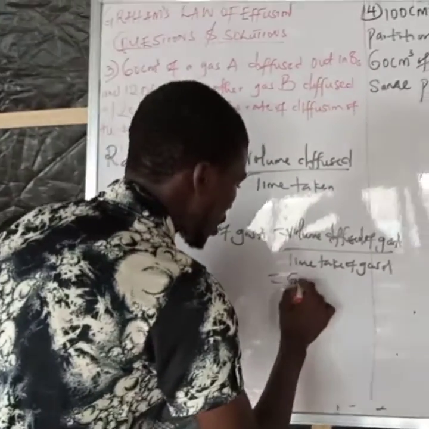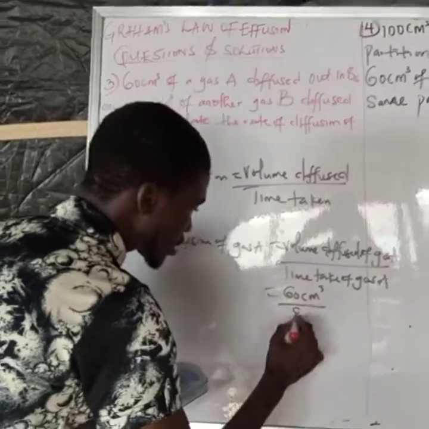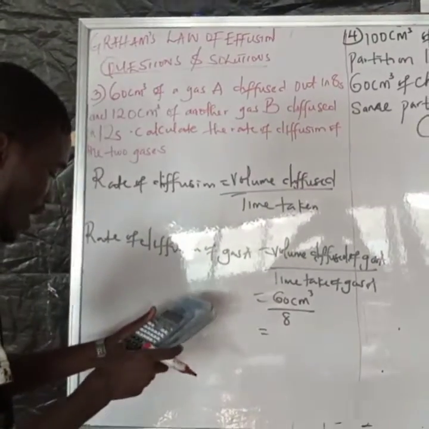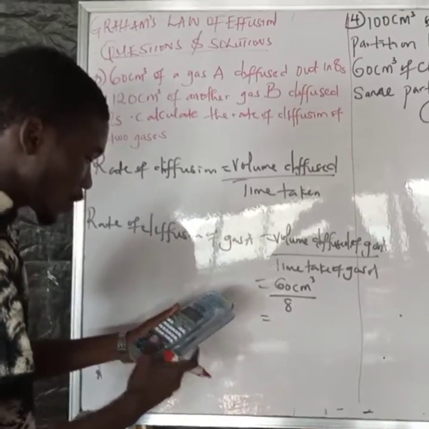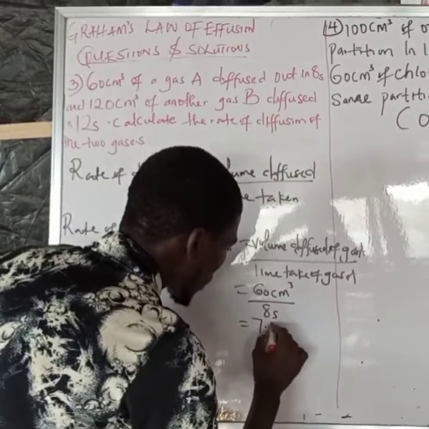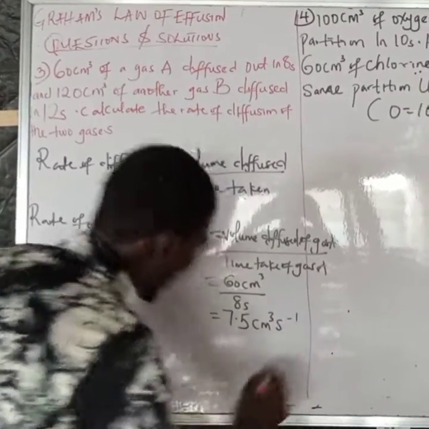What is our volume diffused of gas A? We have 60 cm³ divided by 8 seconds. So 60 divided by 8, we have 7.5 cm³ per second.